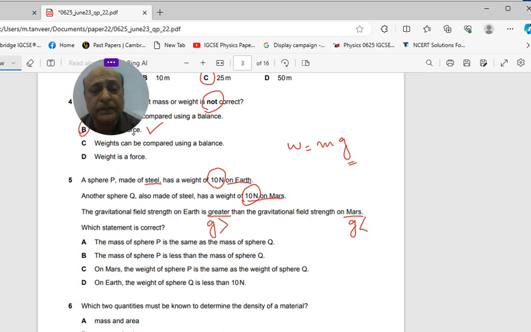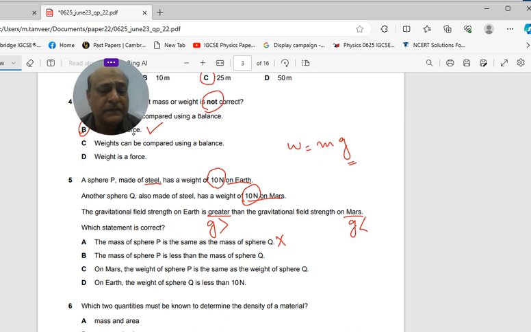It means that when weight is same, the sphere placed on Earth, its mass will be less, and the sphere placed on Mars, its mass will be greater, so that the weight will be same. So the option that mass of sphere is same is no. If mass is same, then weight on Earth must be greater and weight on Mars must be less.